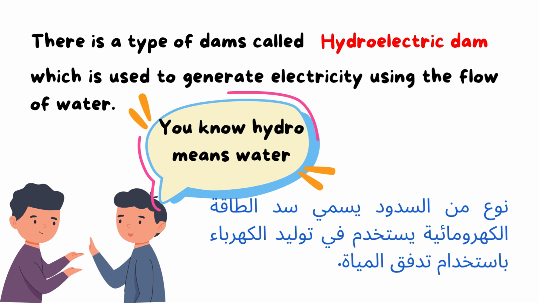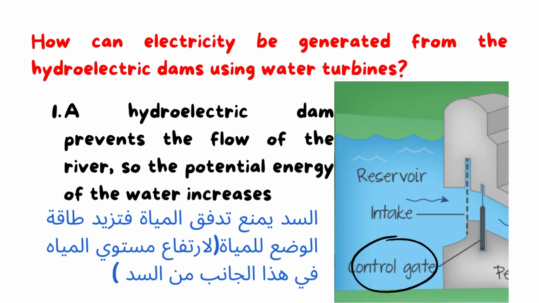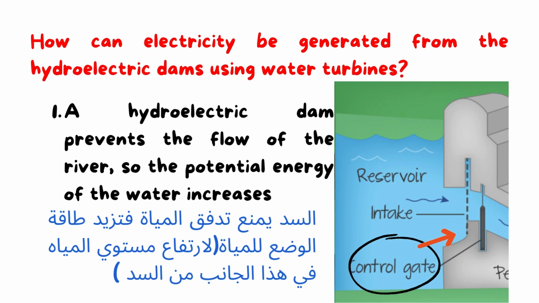So if we have a question, how can electricity be generated from hydroelectric dams using water turbines? We will say that the hydroelectric dam prevents the flow of the river, so here the level of water will be high, so the potential energy in the water increases, okay, as we said that the hydroelectric dam controls the flow.